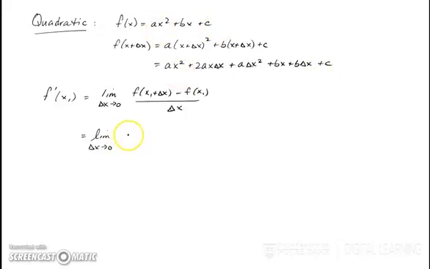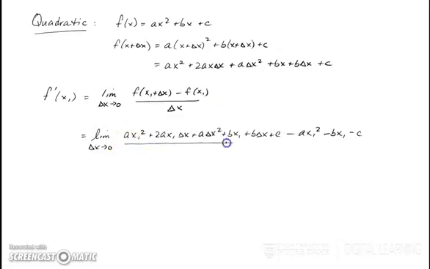So this is ax1 squared plus 2ax1 delta x plus a delta x squared plus bx1 plus b delta x plus c, minus ax1 squared minus bx1 minus c. So this is minus f at x1. All of this is divided by delta x.